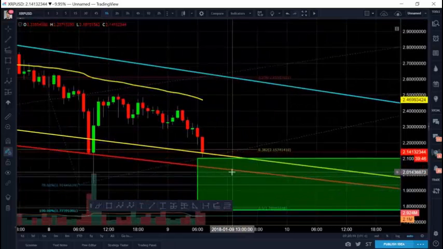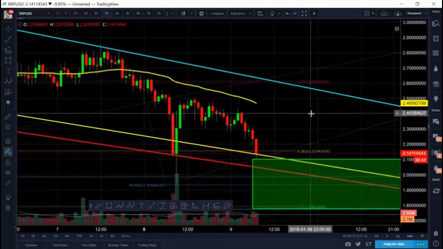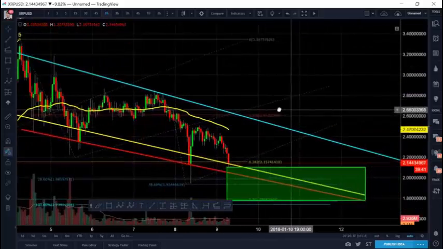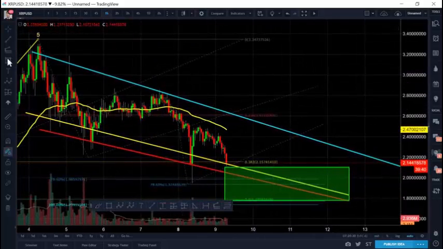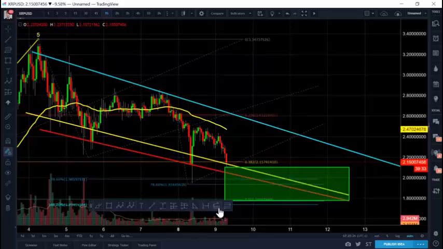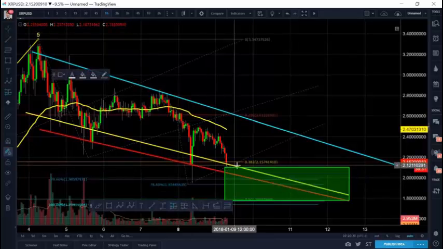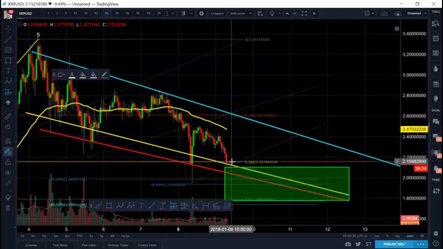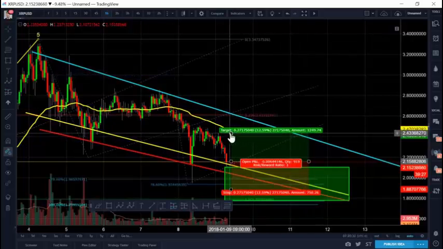So notice how it's finding resistance already. So here's the play, guys, that I'm going to be taking for my swing trade position. I am going to be adding a little bit right now, because it's hitting this yellow line. So yeah, I'm going to definitely take a position here at the 382 fib level. That seems to be holding for now.